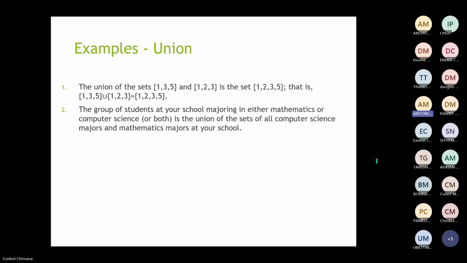The group of students at your school majoring in either mathematics or computer science or both is the union of the set of all computer science majors and mathematics majors at your school.